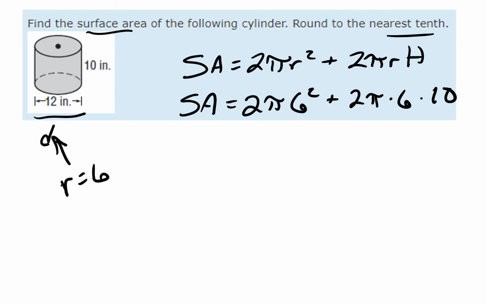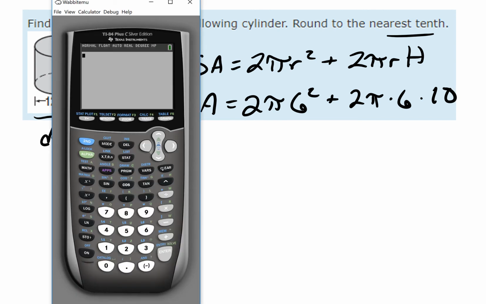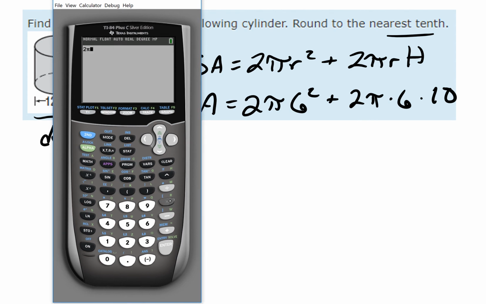From here, it's just a simple calculator problem. We'll clear all that out. 2 pi times 6 squared plus 2 pi times 6 times 10, and voila, 603.185.